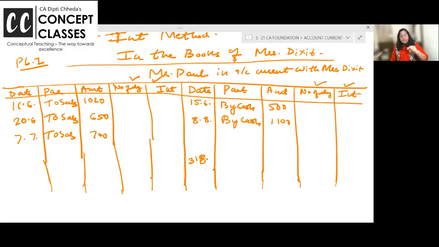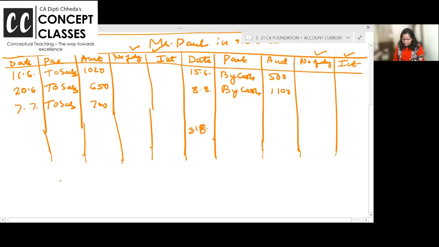Now, I have to pay interest to Paul. It is super easy. 11th June to 31st August. See how many days? Leave 11th June. 30 minus 11, 19 days of June. I want to write here 11th June to 31st August. Next time I will not write, but I want all of you to write right now.